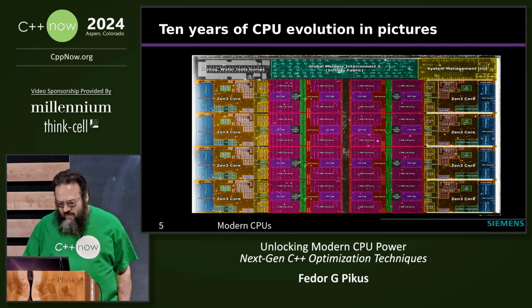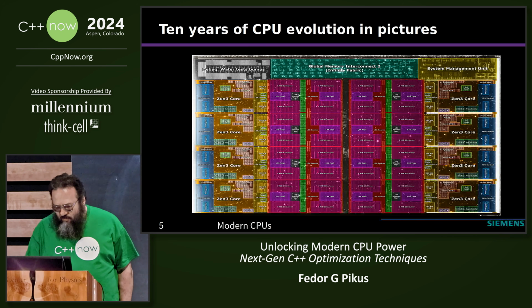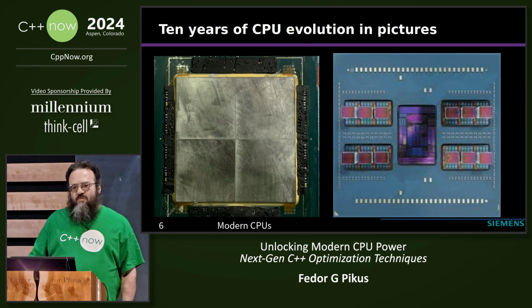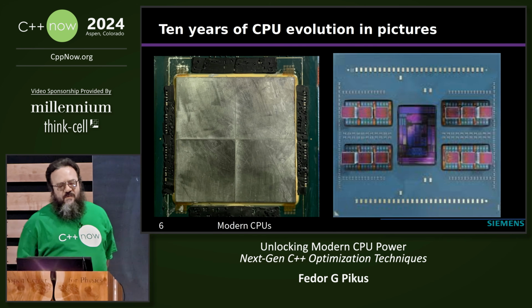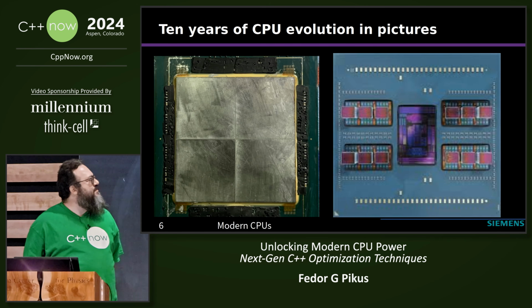EPYC 3, one of the second latest generation AMD CPUs, kind of similar to Sapphire Rapids in style. And here is something else that will come up later in this talk. These aren't die photos, these are package photos.